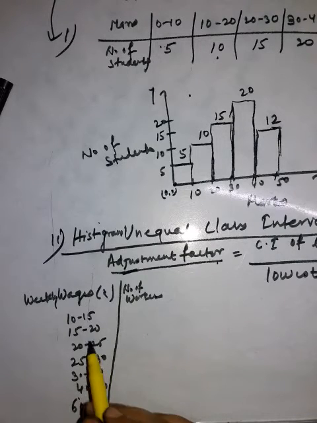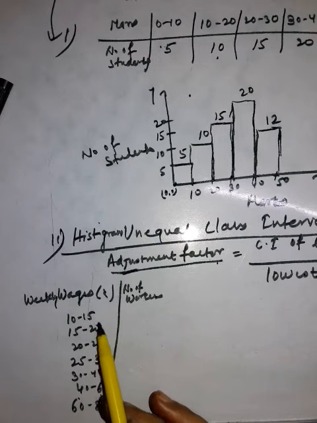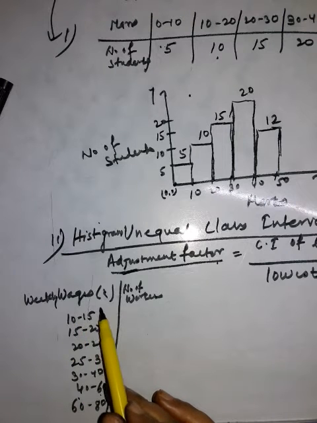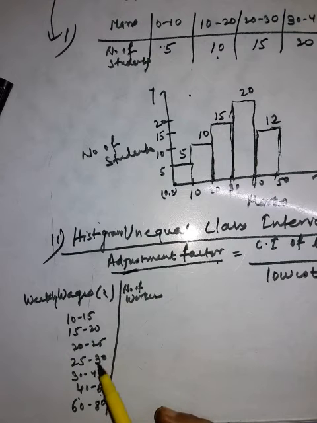Here you can see that the class interval is not constant. Here 5, here 5, here 5. Class interval is the difference between the lower limit and upper limit. Here 5, here 5, but here for 30 to 40 the class interval is 10, here 20, here 20.